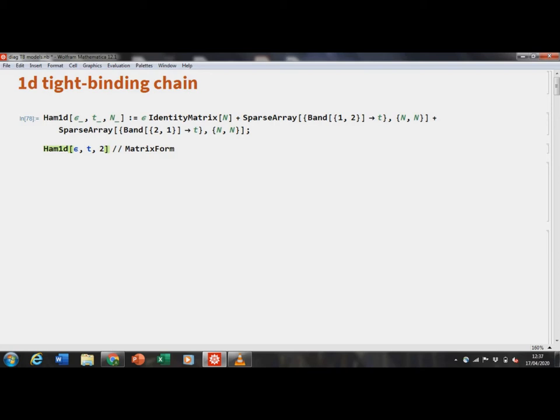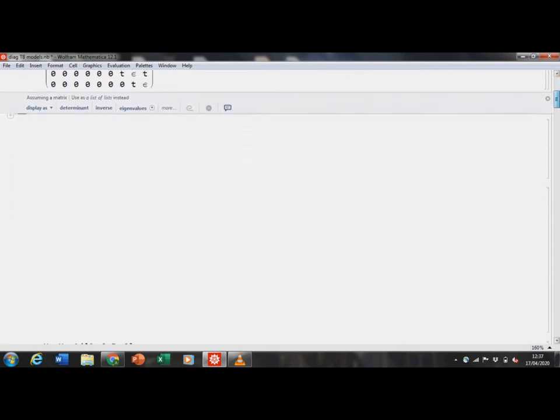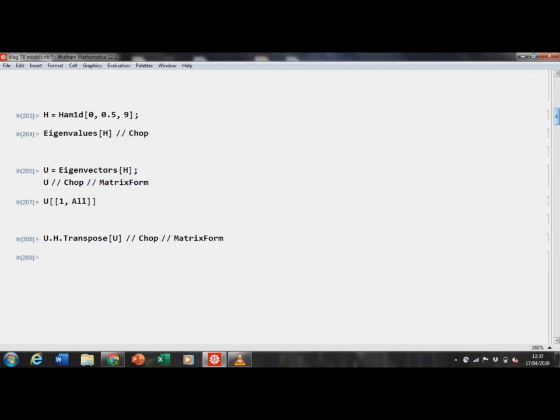So here I've set up a 1D tight binding model of n sites, and if I have just two sites coupled to each other, I have on-site energies epsilon on the diagonal, and then tunneling matrix elements between them of T. This bit of code just generates any size of Hamiltonian matrix that I want. And this shows this tridiagonal structure with the on-site energies epsilon on the diagonal and off-diagonal elements being T. So this is tunneling of electrons down a 1D chain.